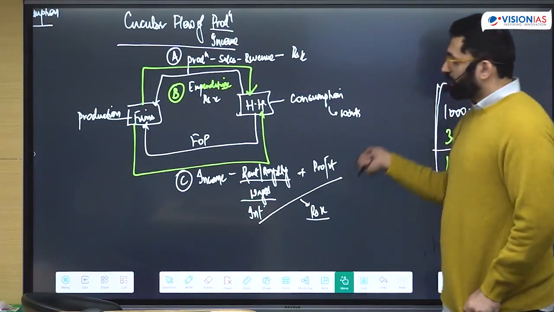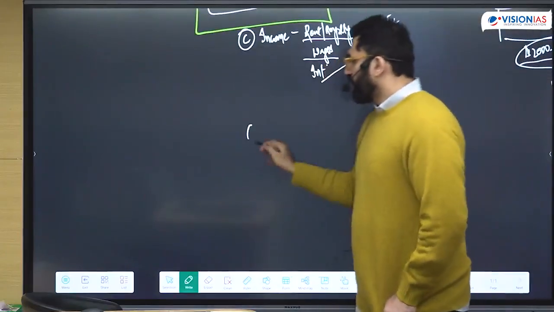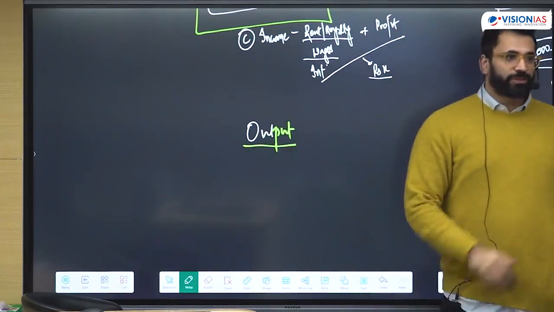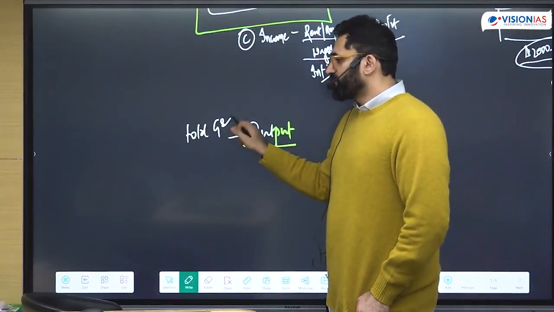That means whatever output happens is created in the economy. How can I measure this output? Output is total goods and services produced. How can I measure total goods and services produced?